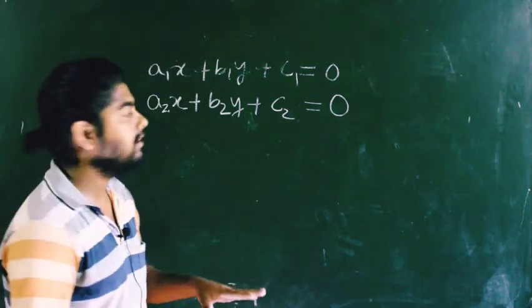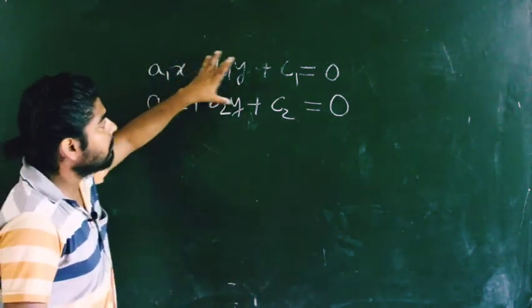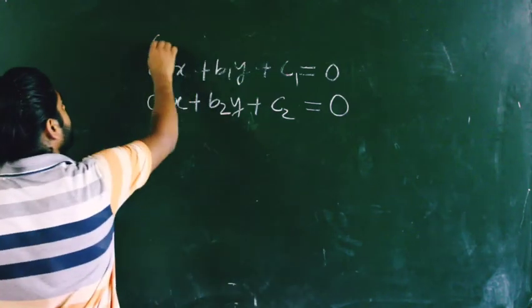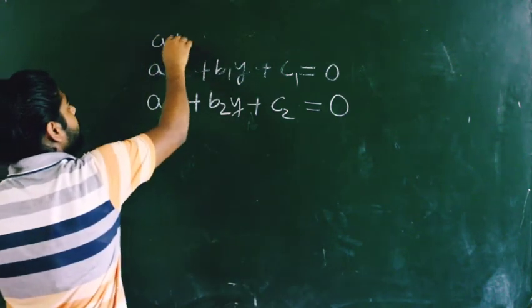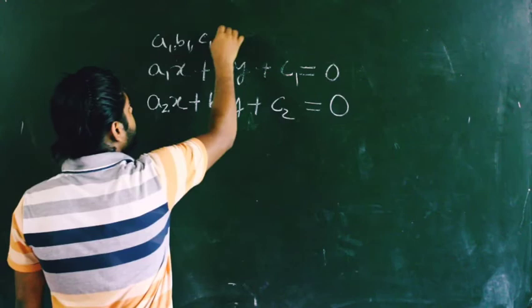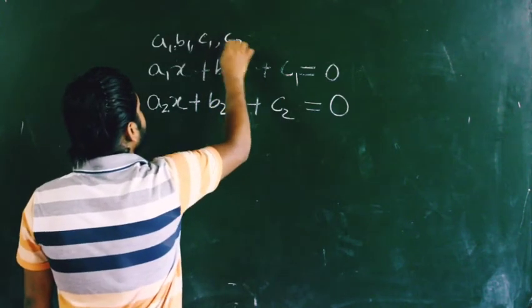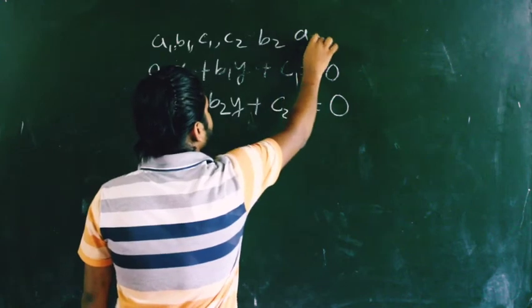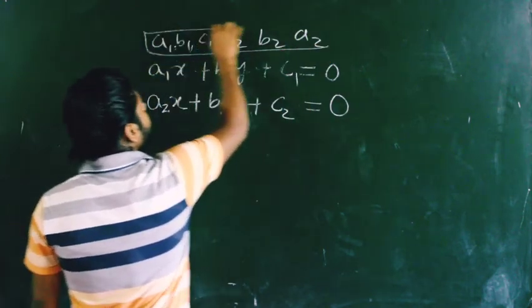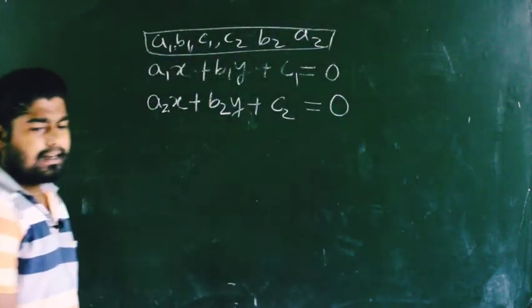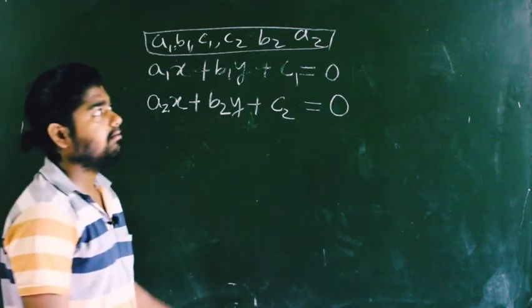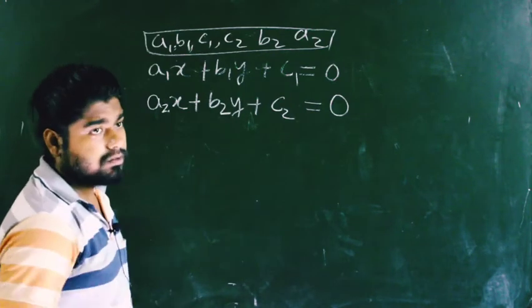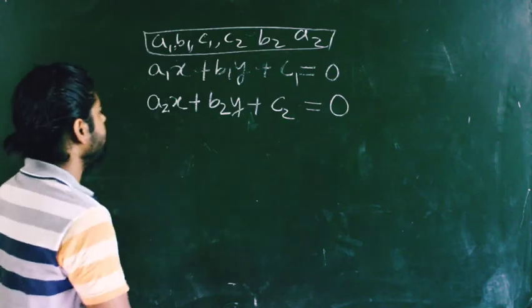For these 3 things we have to compare these constant values: a1, b1, c1, c2, b2 and a2. These values we have to compare. In order to get to know how many solutions are there, let's compare it.